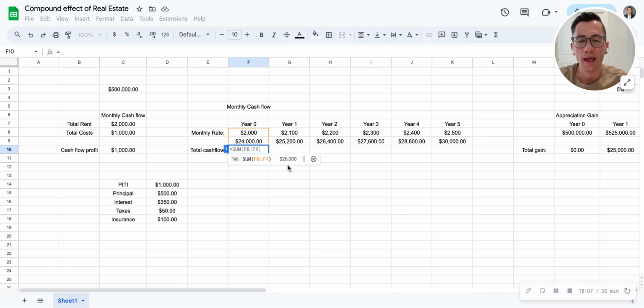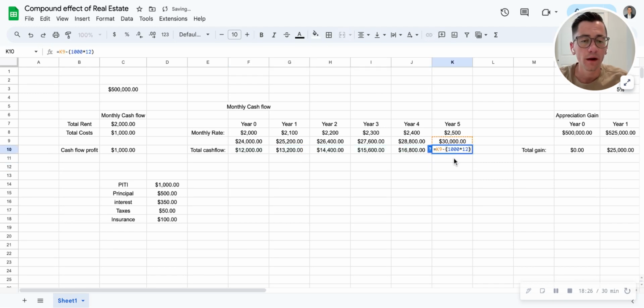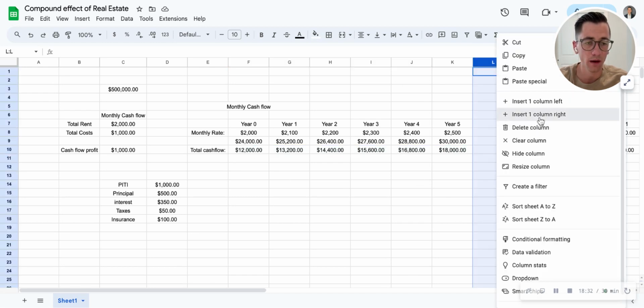Okay. So your total cash flow is, right, we have, here's our total rent, right, minus our costs, which is $1,000 a month. Okay, so we'll times 1,000 by 12. And there you have it. There is your total cash flow per each year. Okay, and I'll add one more spot here.